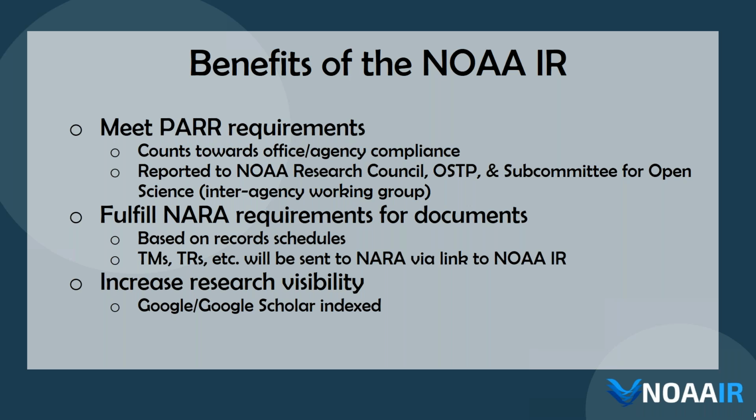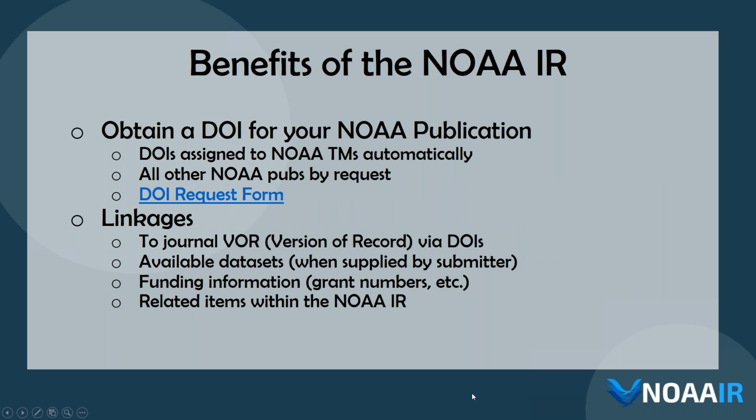And then once in the IR, documents are linked to other documents within the IR that are related, either through the office, the subject, the author, but also to funded information, available data sets, and web pages related to projects.